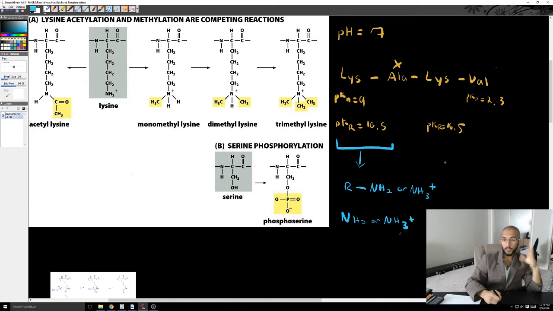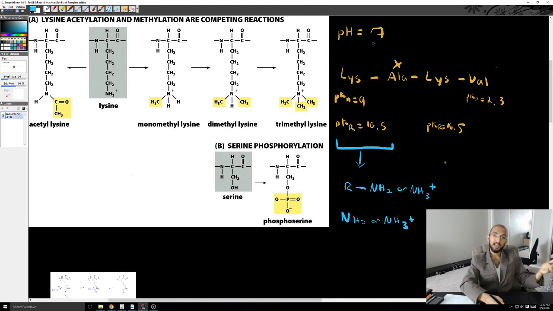We have pK values for both of these. The pKn, the pK of the nitrogen group, the N terminus on the left side of the polypeptide chain, is 9. And the pKr is 10.5. So the R group pKa, the special group that lysine has, is 10.5.